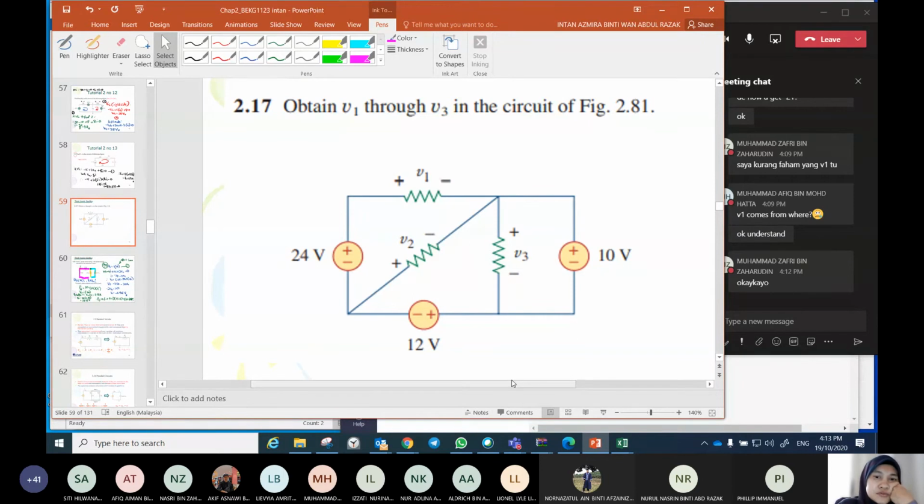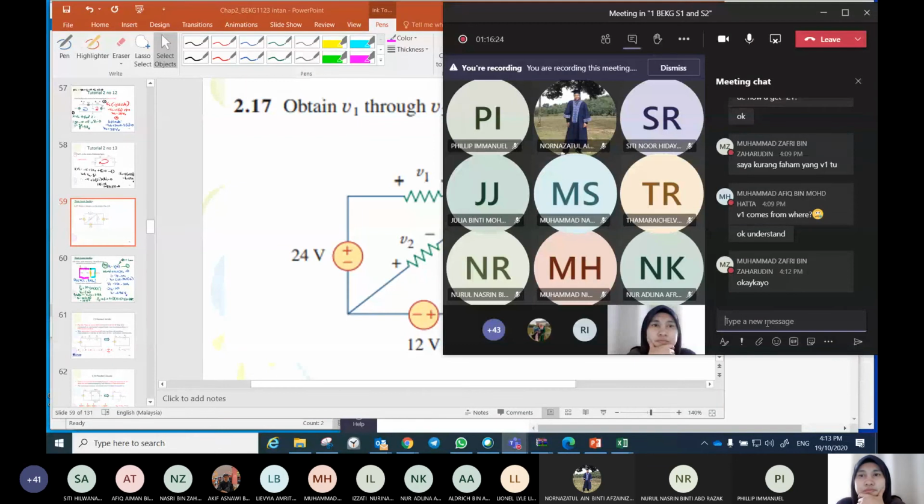Which one is easier to find? V1 first. You want to find V1, okay? Try to write your equation at the chat box.